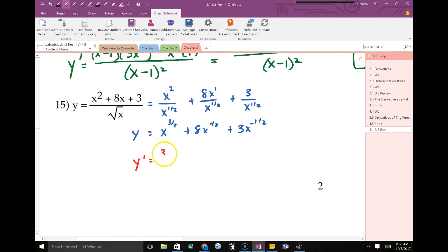So this is going to be 3/2 x to the 1/2, plus 4x to the negative 1/2, minus 3/2 x to the negative 3/2.